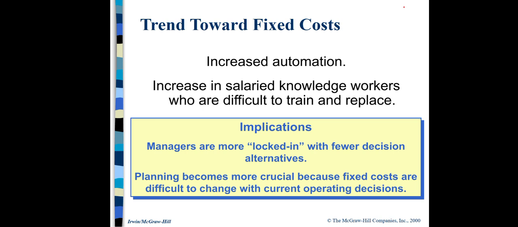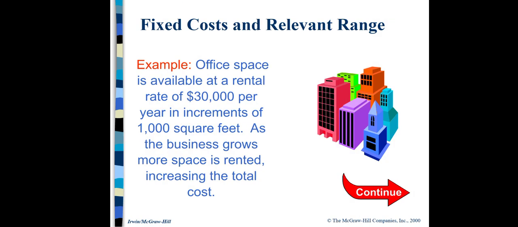Jadi perencanaan akan semakin crucial karena fixed cost itu sangat sulit diubah ya. Dengan menyesuaikan keputusan manajer yang sekarang, current operating decisions. That's the plus minus of a fixed cost.